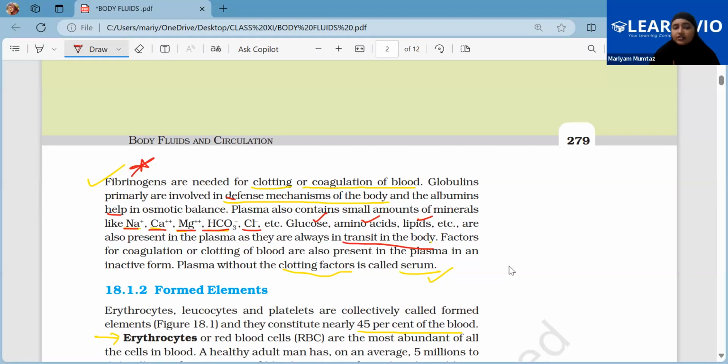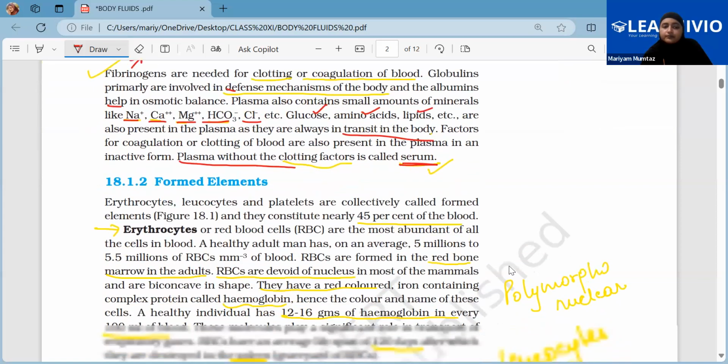Factors for coagulation or clotting of blood are also present in the plasma in an inactive form. When we remove the clotting factors from the plasma, we call it serum. So if you remove all the clotting factors from the plasma, it won't be called plasma, it will be called serum.